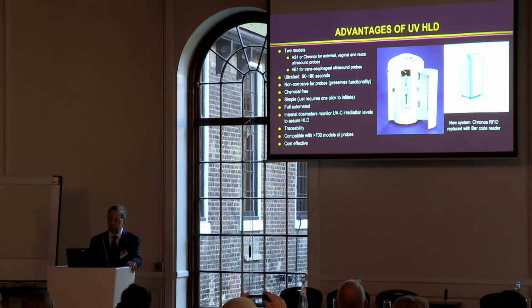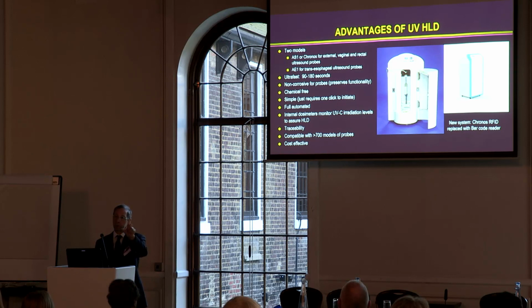Advantages of ultraviolet high-level disinfection. And here we're talking specifically about the Chronos system. Ultra fast, 90 seconds to 180 seconds, so very fast. Just push a button, it's easy, it's non-corrosive, there are no chemicals. It's simple, it's fully automated, it measures the dose so you know that it's worked, and gives you an electronic readout as well as a paper readout that it has worked.